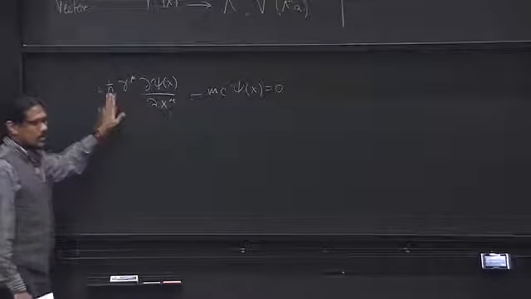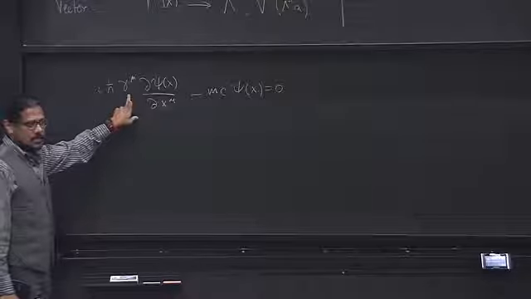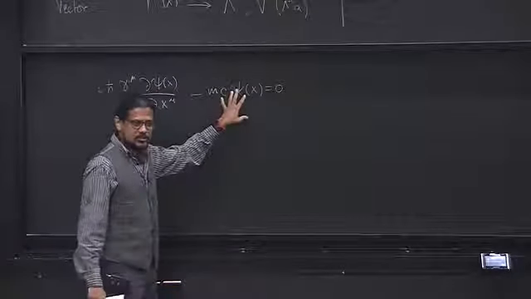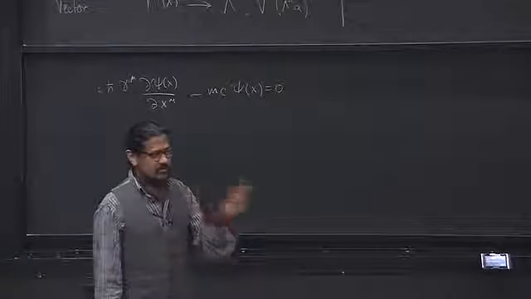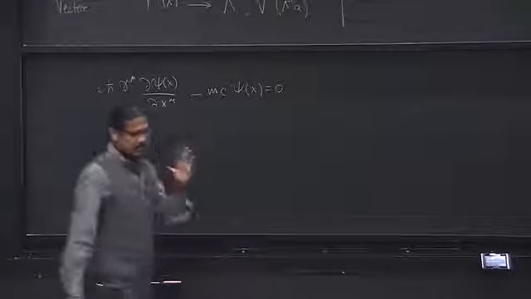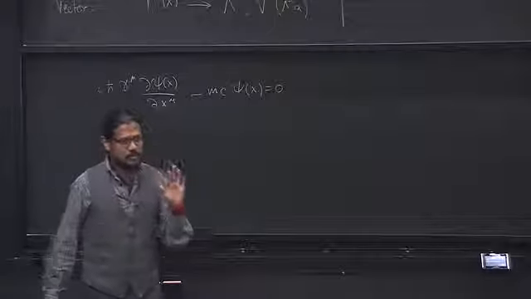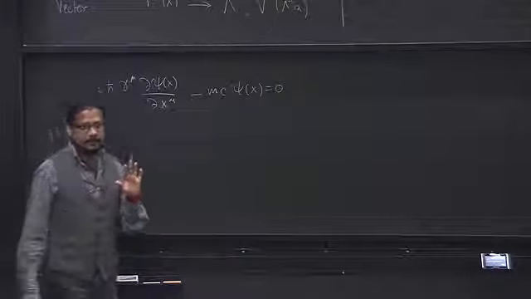To figure out what the properties of gammas should be, Dirac imposed an additional constraint on this equation. He said that, I want this equation to describe free particles. Not only that, I want these particles to be relativistic, therefore they should satisfy E is equal to square root of p squared plus m squared.